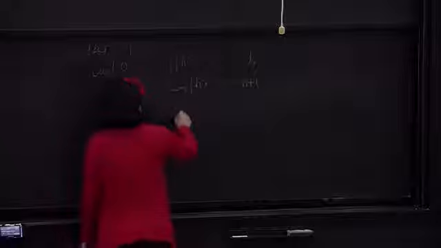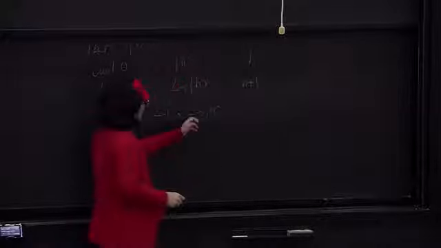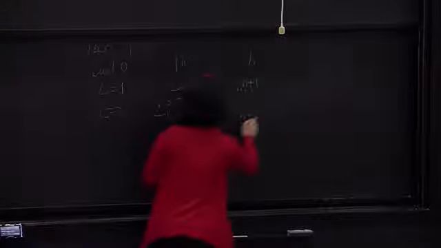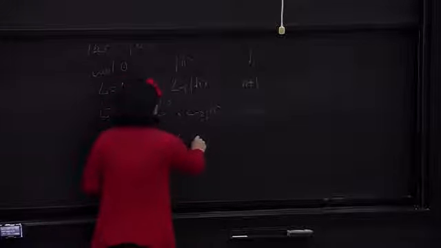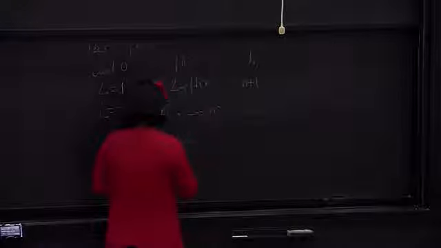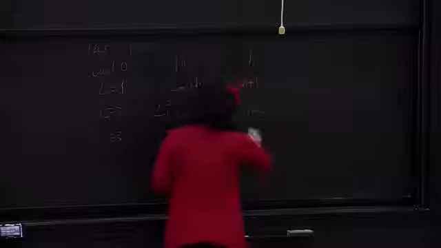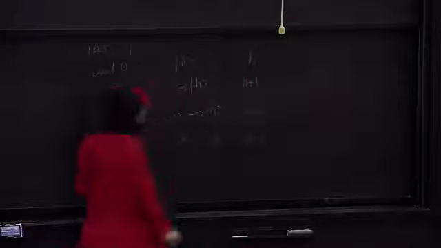I can either act 2 of these on it, or 1 of the L minus 2 on it, then I get H plus 2. And in the next state, I can either act 3 of these, or 1 of this and 1 of that, acting on H, then I get H plus 3. Well, I can also act L minus 3 on it.